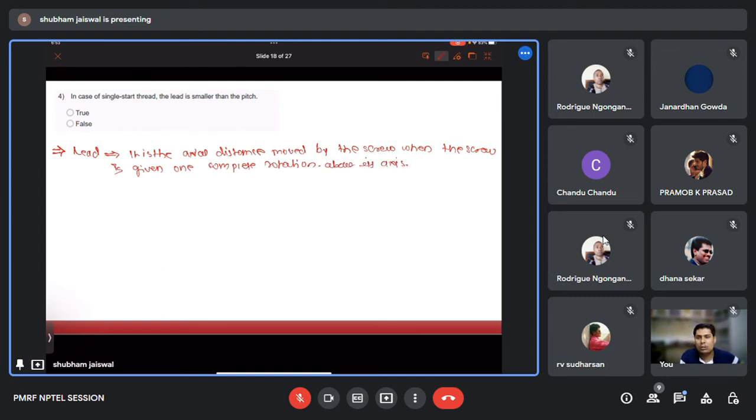Now answer this question. In case of single start thread, the lead is smaller than the pitch.